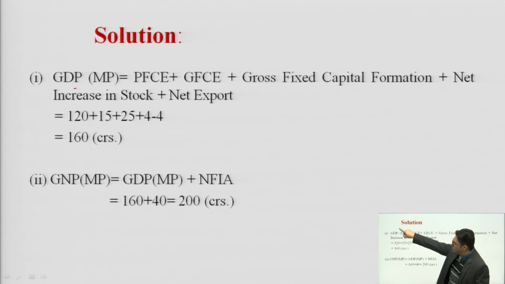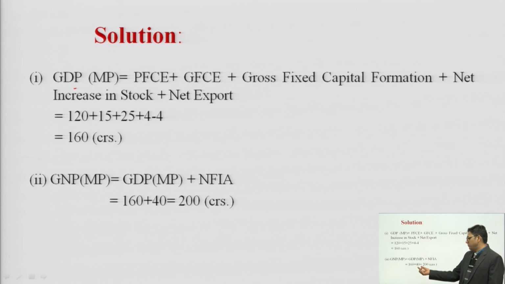The GDP is the same, MP is the same, but the only difference is here it is D and here it is N. It means we have to shift from domestic to national, and simply, if we have to convert the value from domestic to national, we need to add income earned from abroad, and the income that we have earned from abroad is 40. So, what will happen?